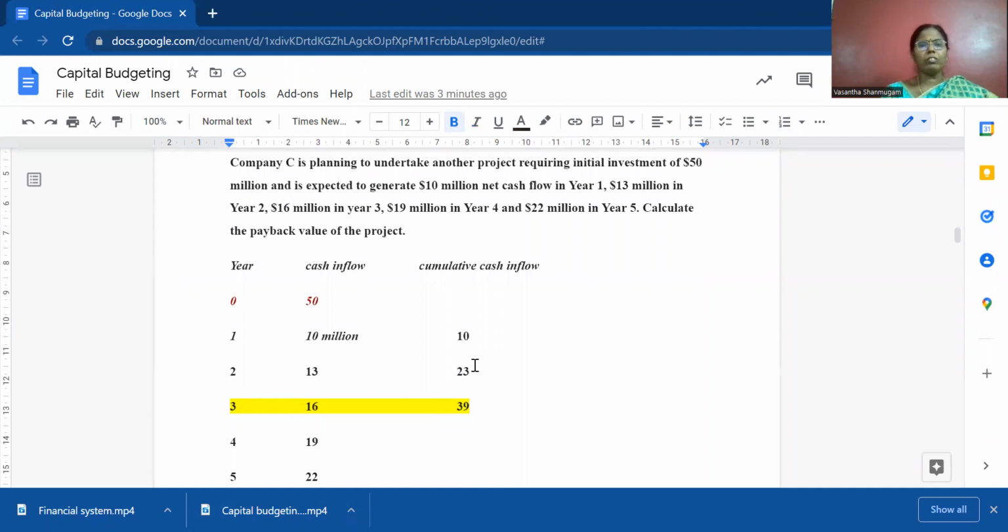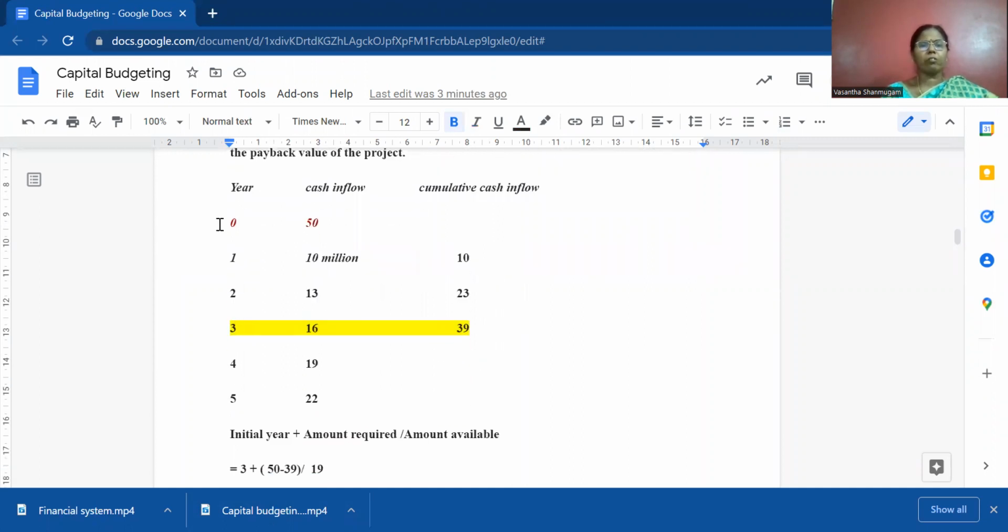So what you have to do is find out the cumulative cash flow. Leave this, this is the initial investment as far as the project is concerned. From the first year, 10 million. Then the second year cumulative cash flow, 10 plus 13, is 23. 23 plus 16 is 39.